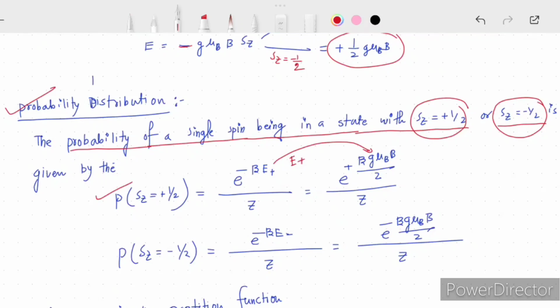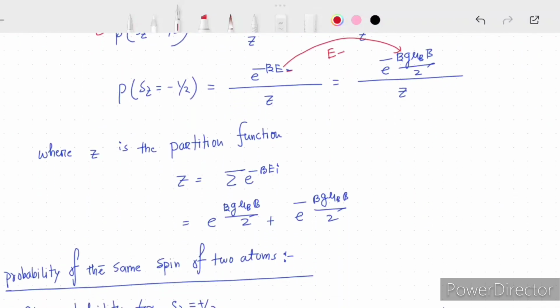Similarly, the probability of a single spin being in the state Sz equals minus half is e to the power minus beta E minus upon Z. Put in the value of E minus, and we get the probability. Here Z is the partition function.